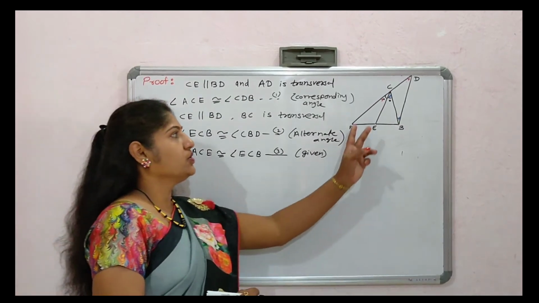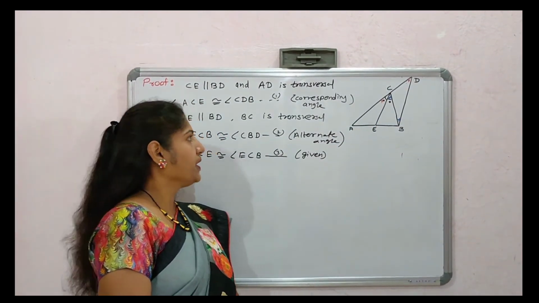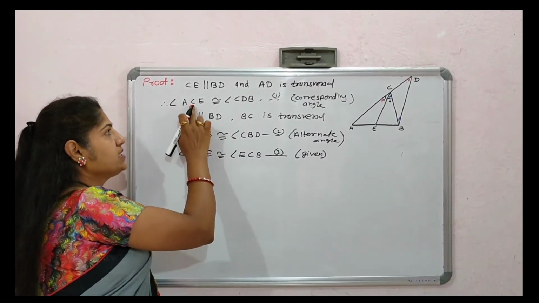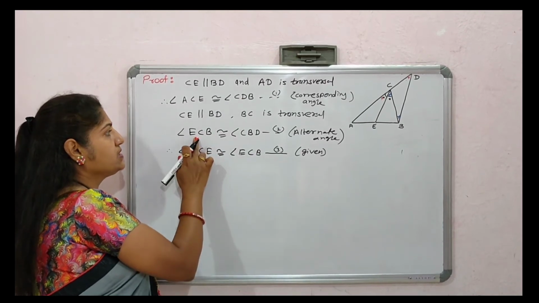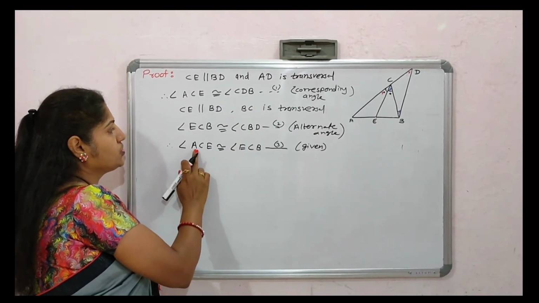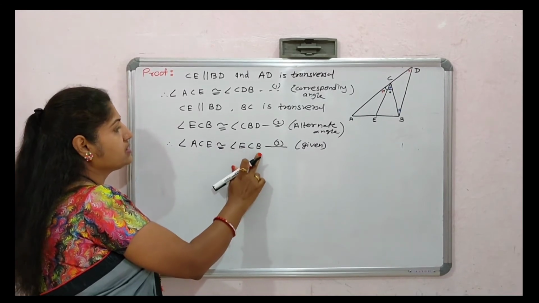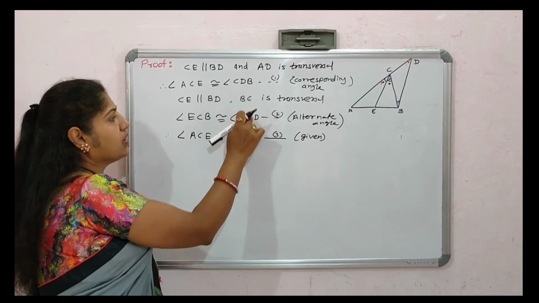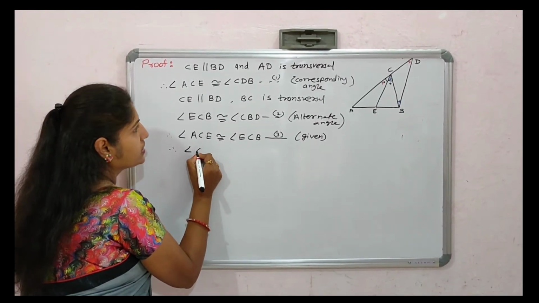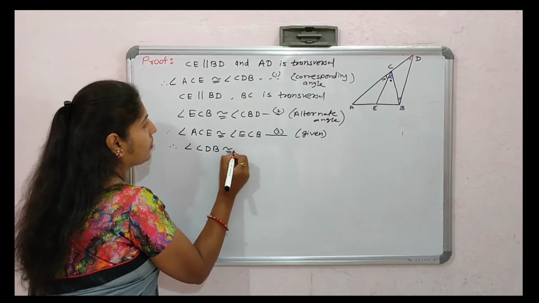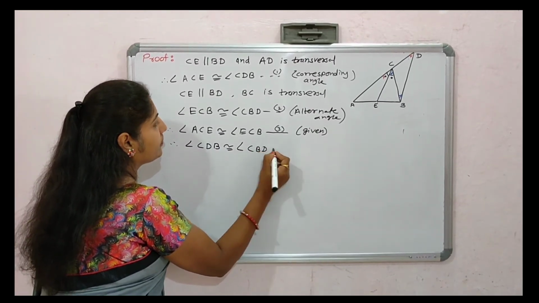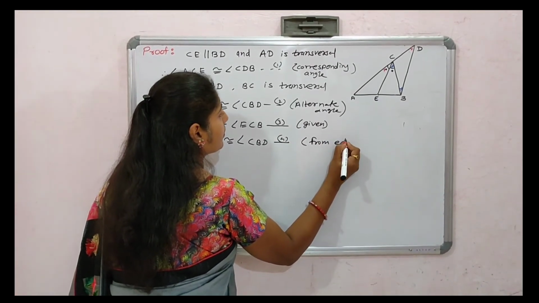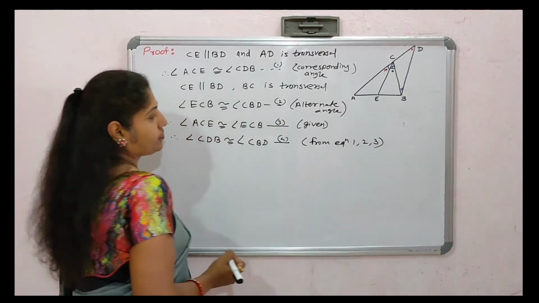From 1, 2 and 3, observe the three equations: ACE is congruent to CDB, ECB is congruent to CBD, and ACE is congruent to ECB, so these two angles are also congruent. So angle CDB is congruent to angle CBD, equation number 4.